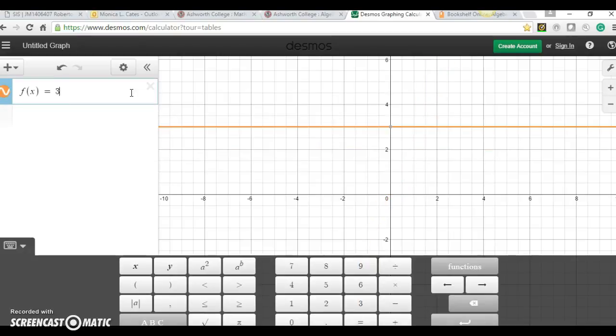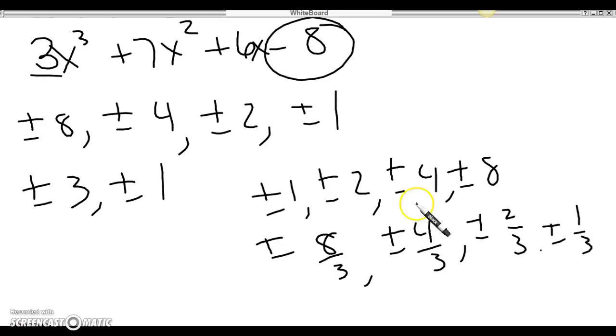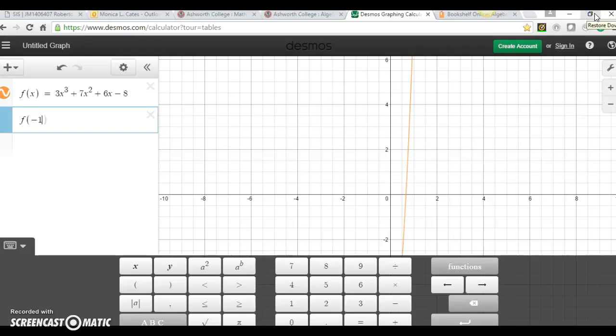So we have 3x to the third plus 7x squared plus 6x minus 8. Okay, let's look back at my terms. Let's do -1 and +1. So we have -1, not 1, because it's equal to 10, not 0. When I plug in 1, it doesn't work.